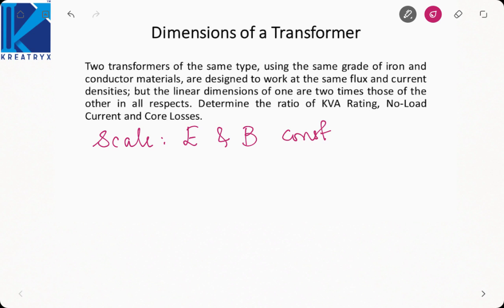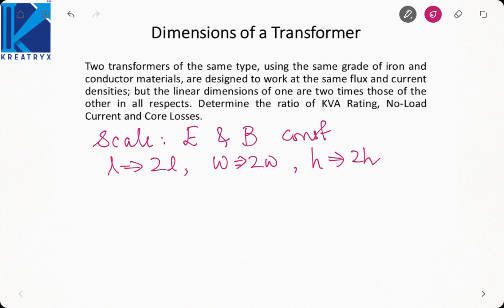These two things are always constant. So we scale all the dimensions in a similar ratio. That is, suppose length will be made 2L, width will be made 2W, and height will be made 2H. So all will be scaled by the same factor.